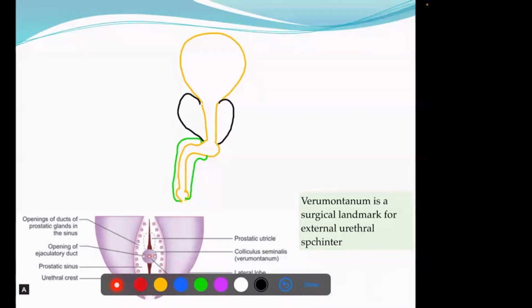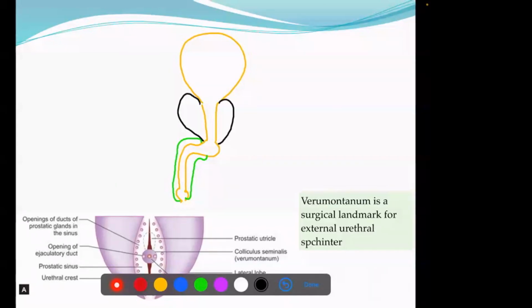The normal function of prostate is to make the volume of semen. Semen contains spermatozoa from the testis, prostatic fluid from the prostate, and seminal fluid from the seminal vesicles. These are the three major components of semen. So the prostate provides the volume of semen as well as nutrition to the spermatozoa. This is the normal function of the prostate.